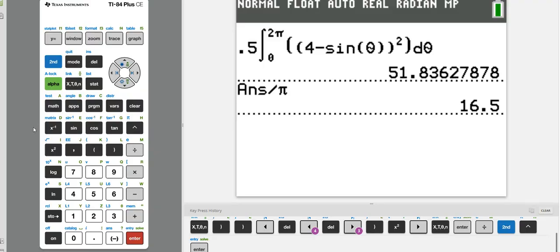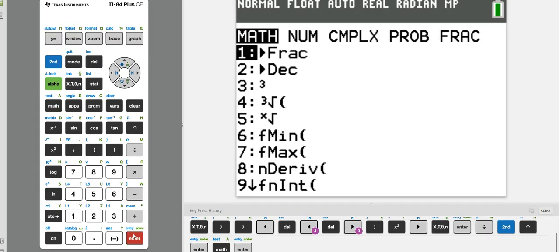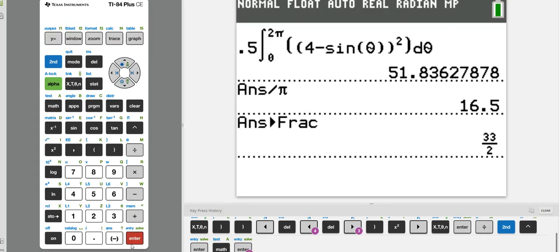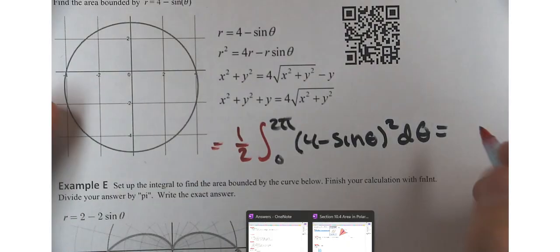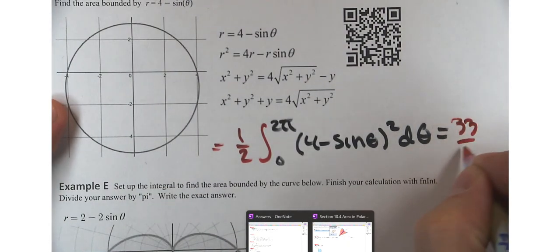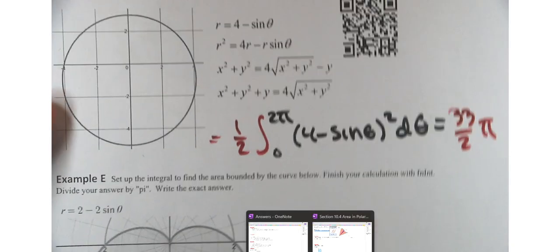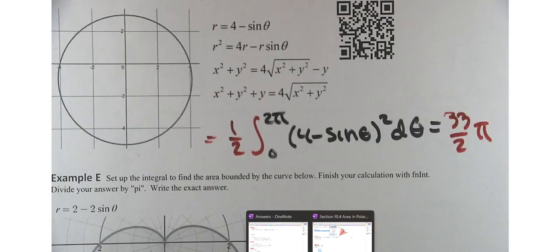What answer is that? Well, let's hit the math key. 33 over 2. Okay, so the exact answer that we need here is 33 over 2 times pi. Yay. Pretty nice. You got an exact answer.